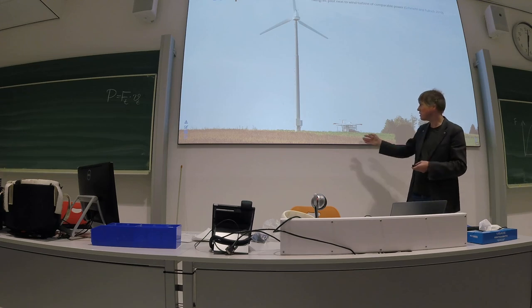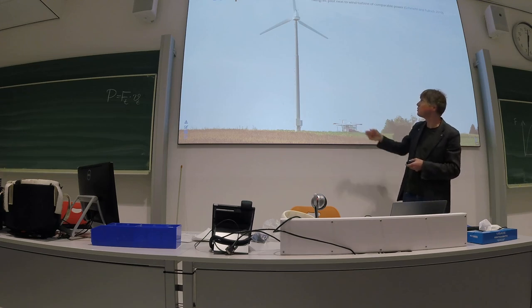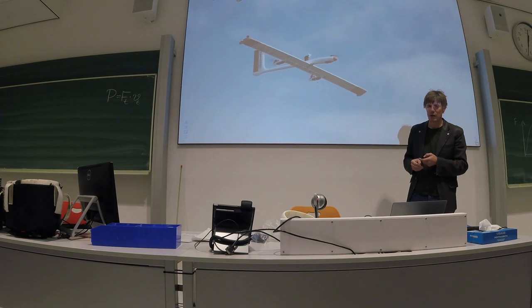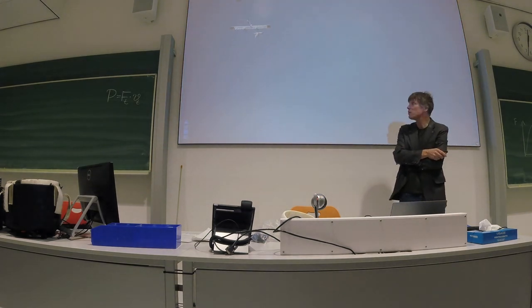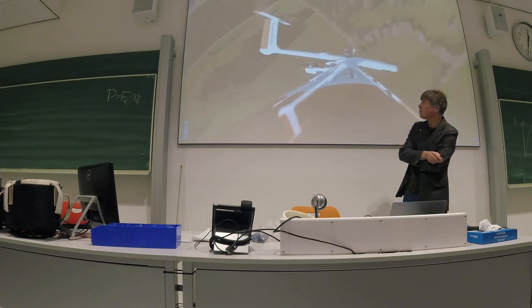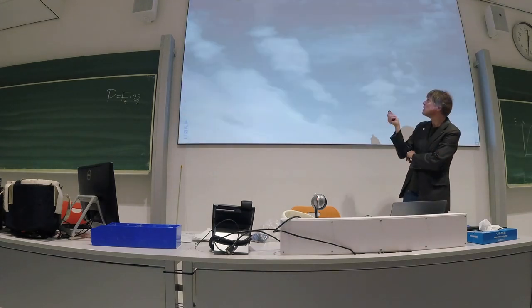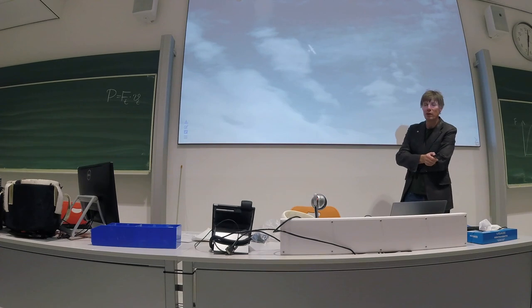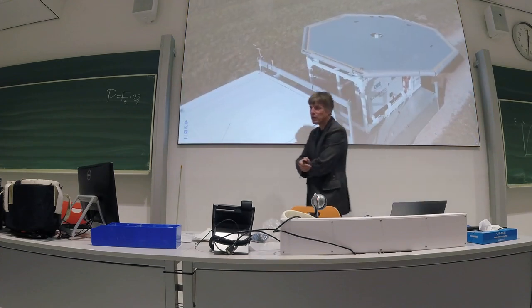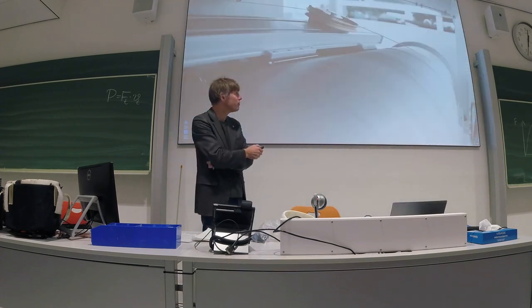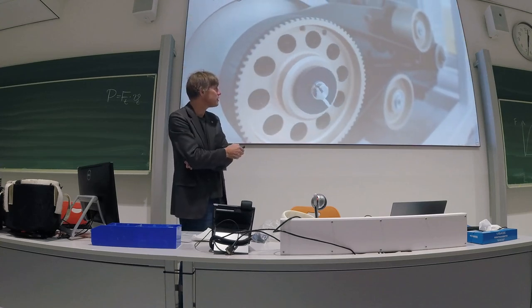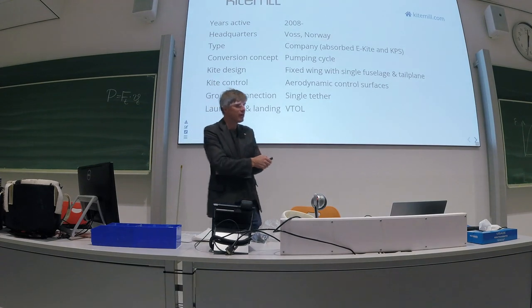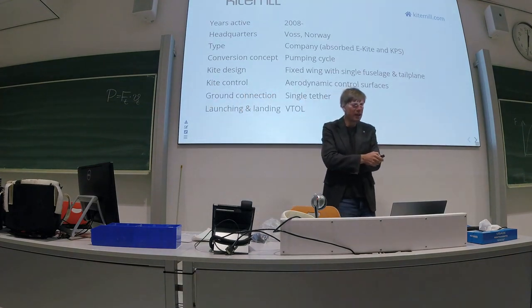So you see the massive material use that you can save. And this is a video of how they operate. So you see the three VTOL systems, the onboard turbine you saw, and also that the wing flies a lot faster than a soft kite. That's their gear drive. And then with this we can end.